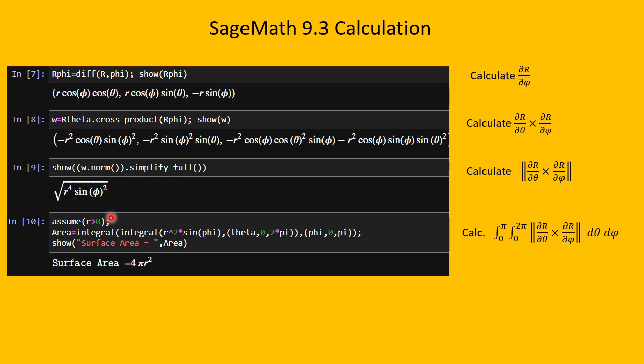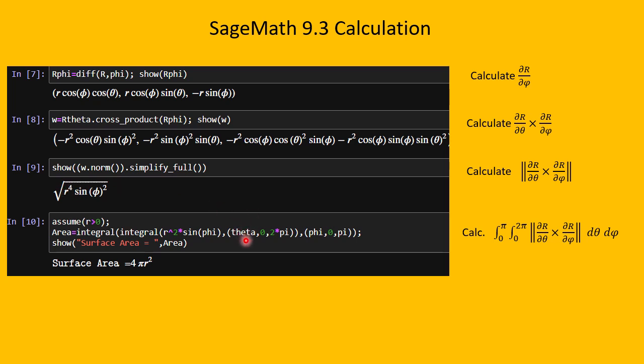So now to find the area, we have to integrate that norm of that cross product over the region in the UV plane, and we'll be integrating it with respect to theta and phi in this case. So if you look at the integral here, we have the integral of the integral, because it's a double integral, of r squared sine phi. That was just the square root of this stuff here.